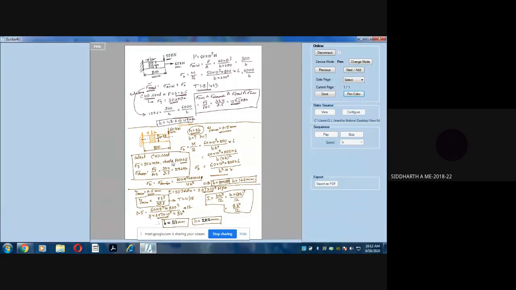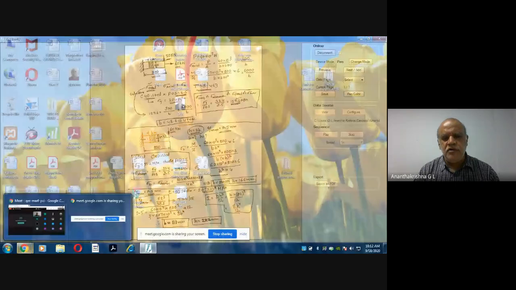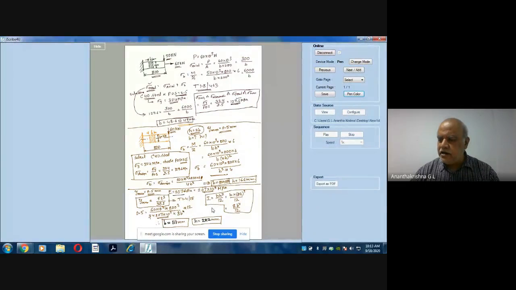Excuse me, sir. The value of E isn't given, is it, sir? It's assumed, right? Or is it a standard value? Young's modulus is a constant. Young's modulus is not given in the problem.